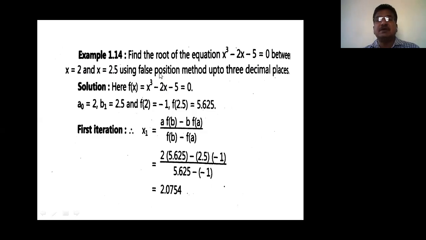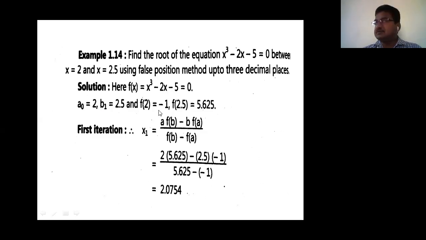If we substitute a is equal to 2, that is, if you find the value of f of 2, substituting x is equal to 2, we have -1 as the answer. And at f of 2.5, we get the positive answer 5.625, and therefore the root lies between these two numbers 2 and 2.5.